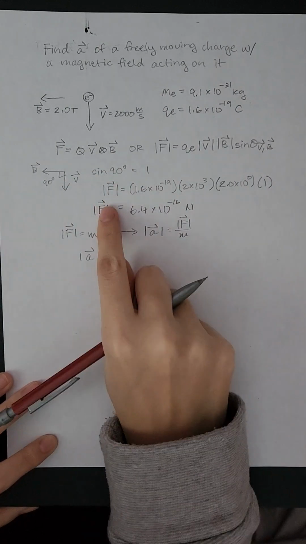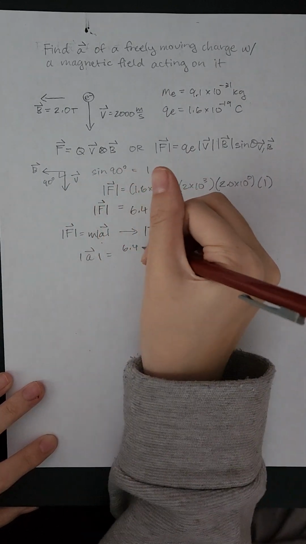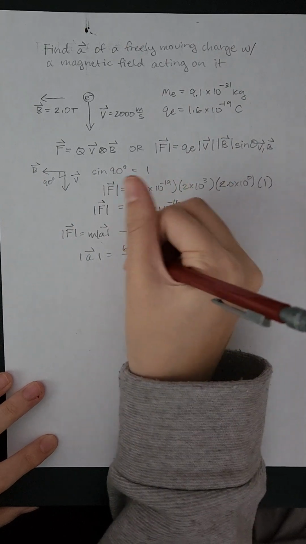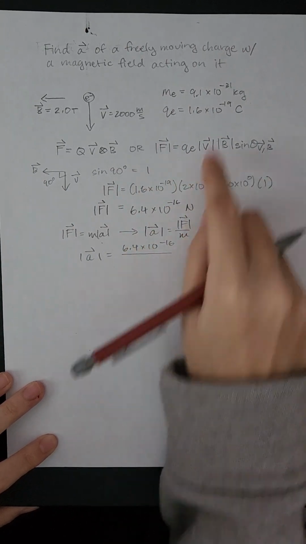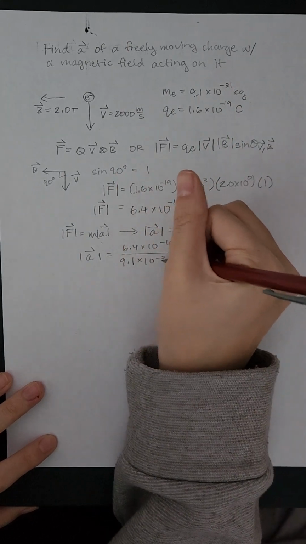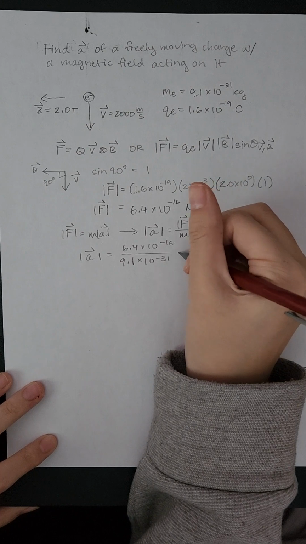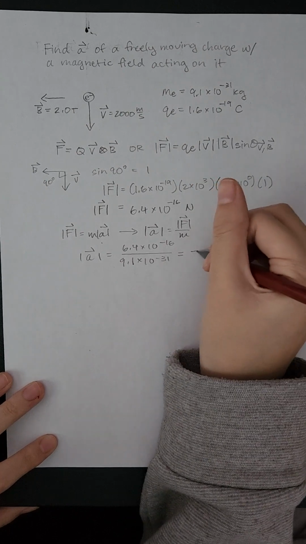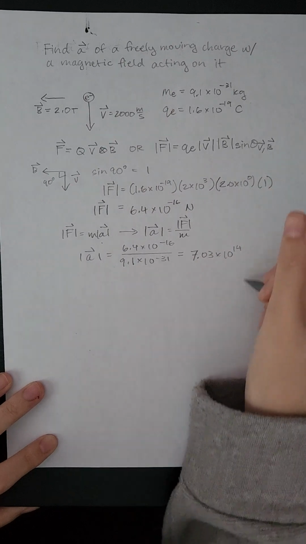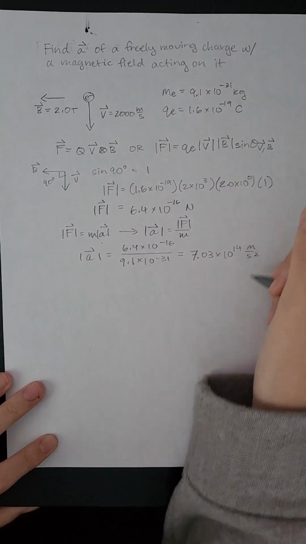And if we plug in F, which is 6.4 times 10 to the negative 16, over m, which is 9.1 times 10 to the negative 31, we get 7.03 times 10 to the 14 meters per second squared.